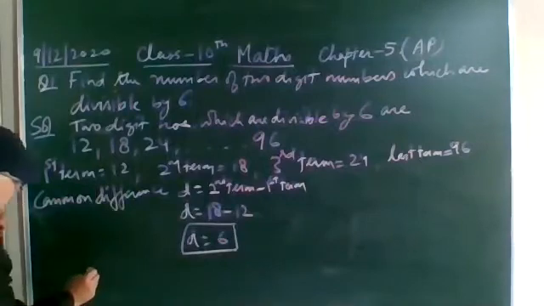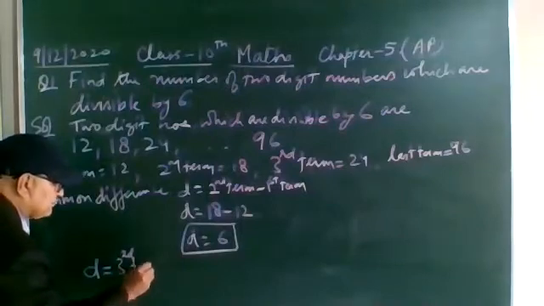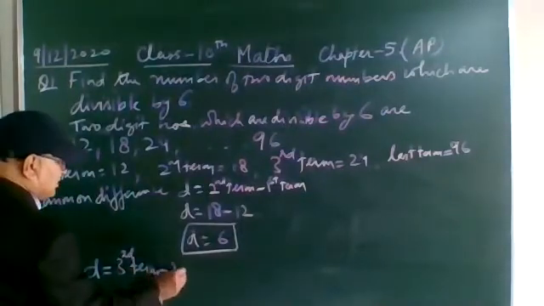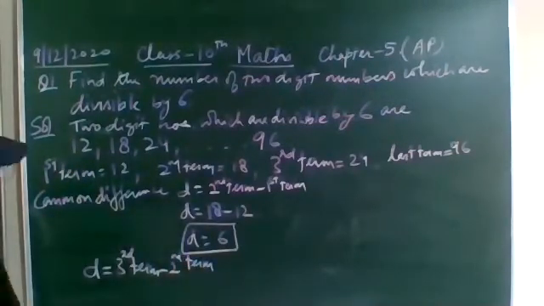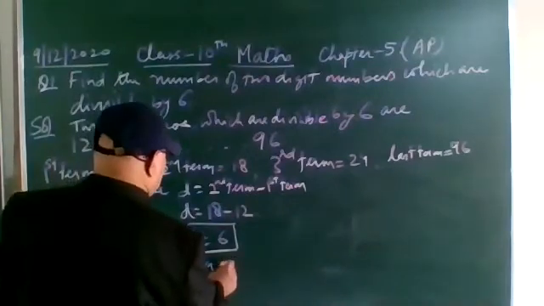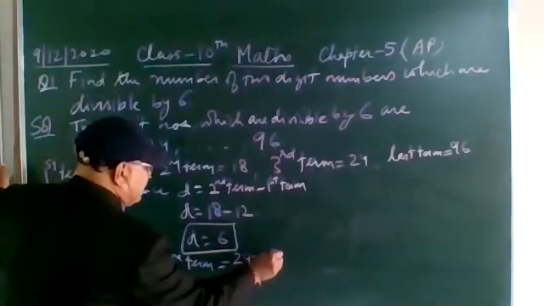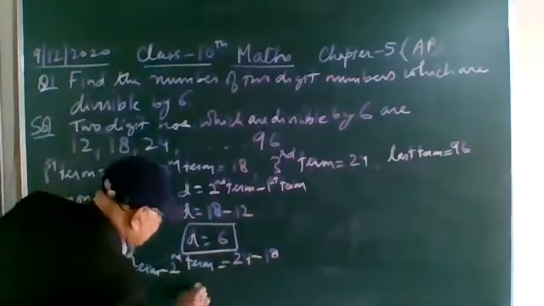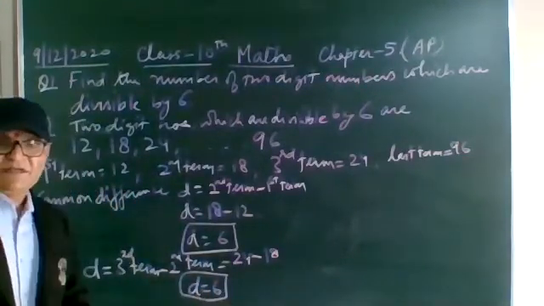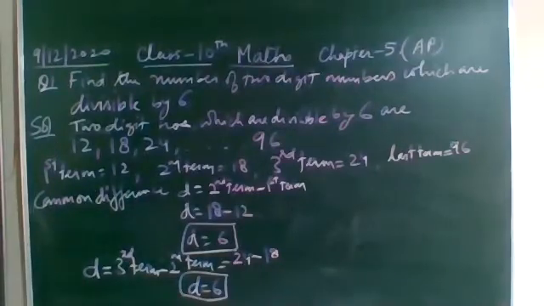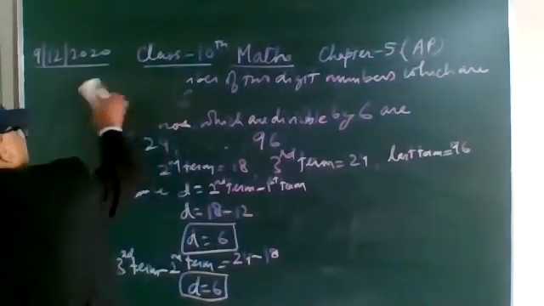Again D, third term minus second term, 24 minus 18. So you will say D equal to 6. After this, what you will write? Here the common difference is same.